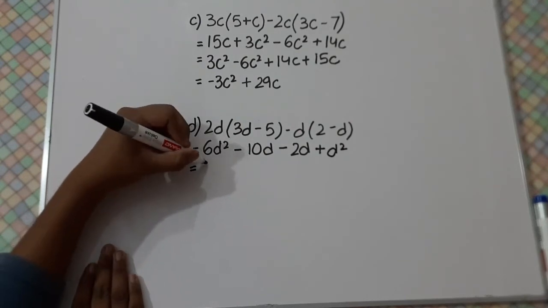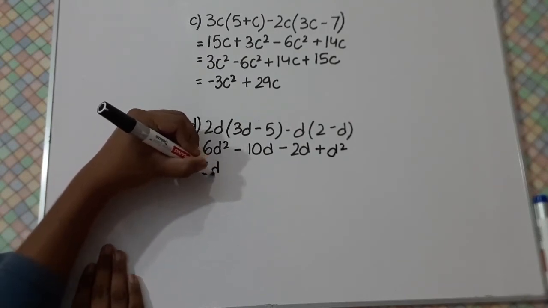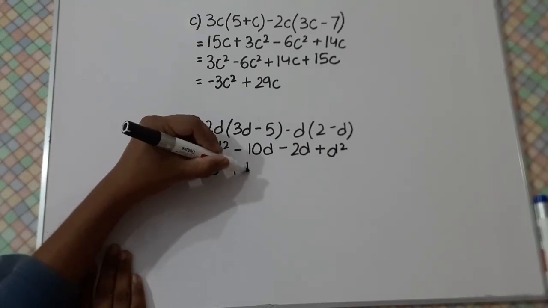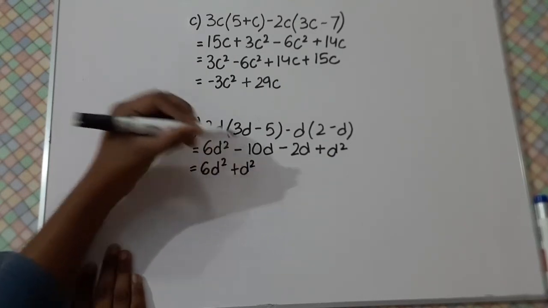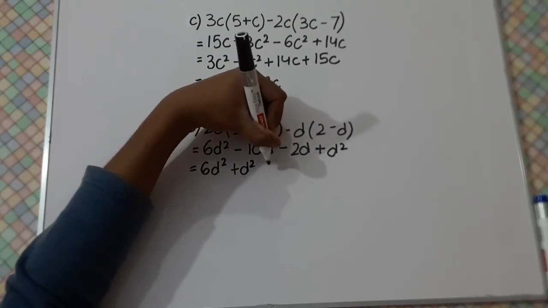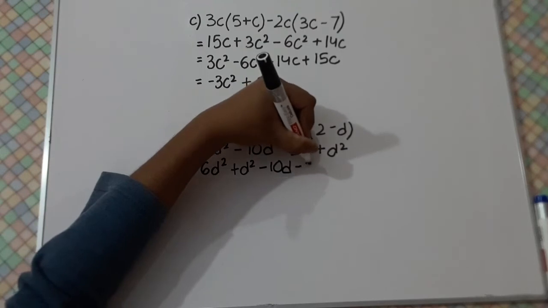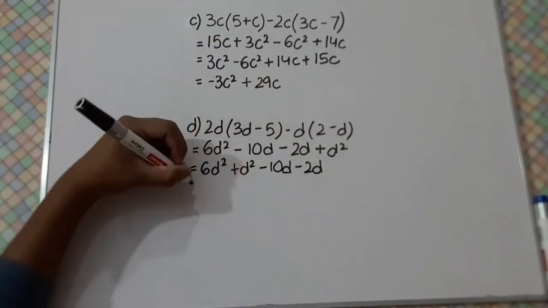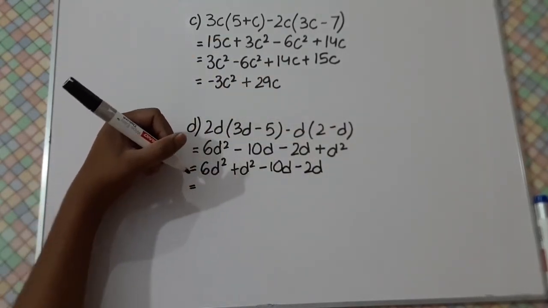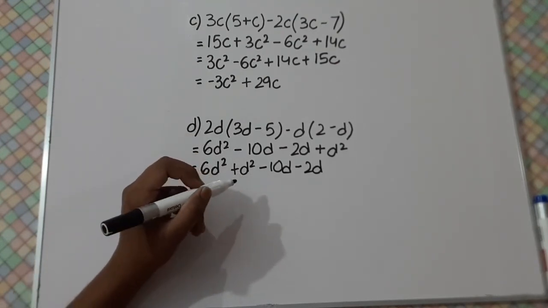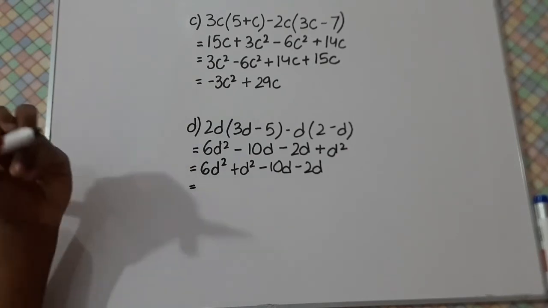Now we are going to take out the common, 6d square plus d square. Then minus 10d and minus 2d are common. 6d square plus d square. If we are having any single variable, it means it is considered as 1.